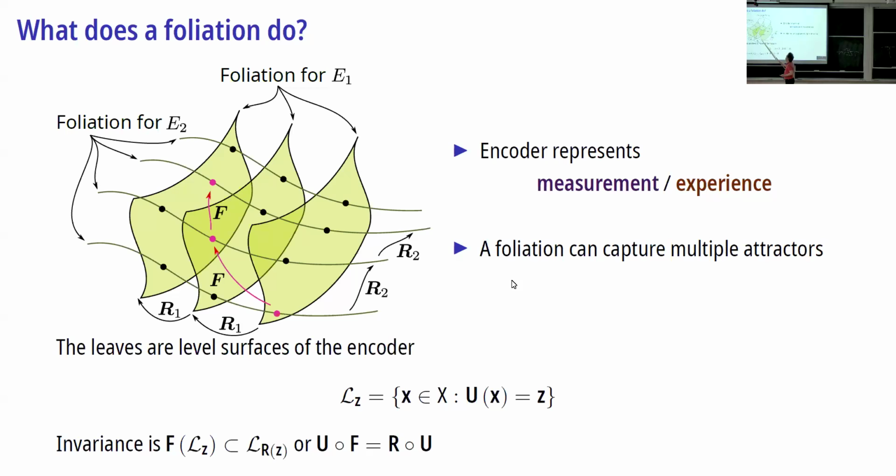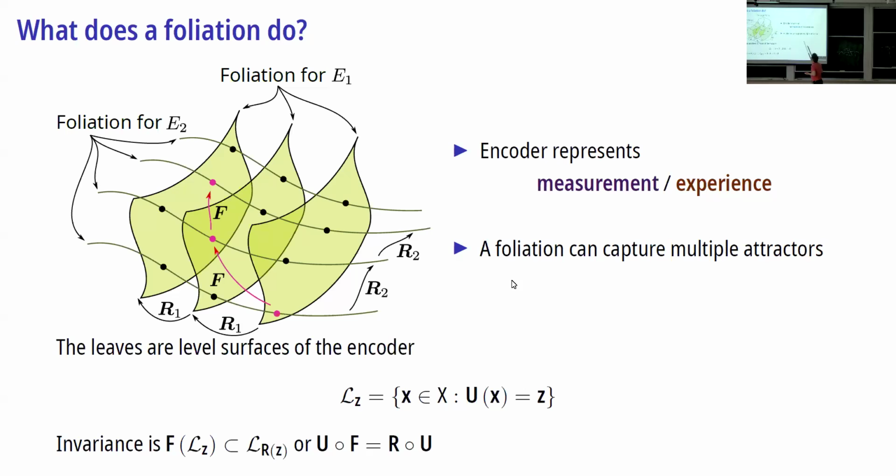So these intersection points then of these lines and surfaces will be actually the trajectories of your dynamics. Another thing about this one is that once you have a stationary leaf, that is an invariant manifold, right? Because it's being mapped into itself. So you can actually calculate invariant manifolds using invariant foliations.